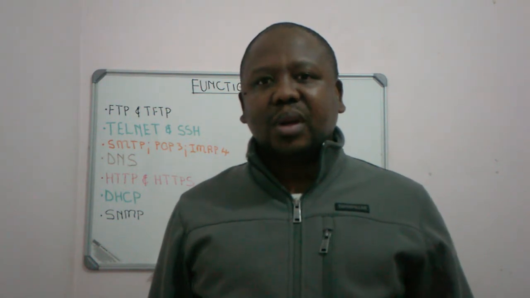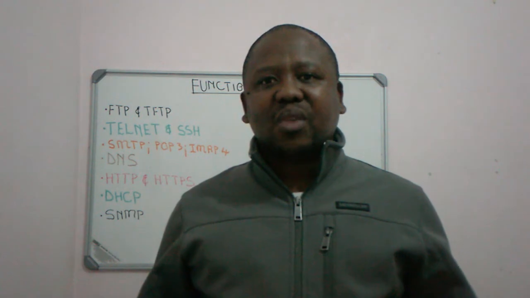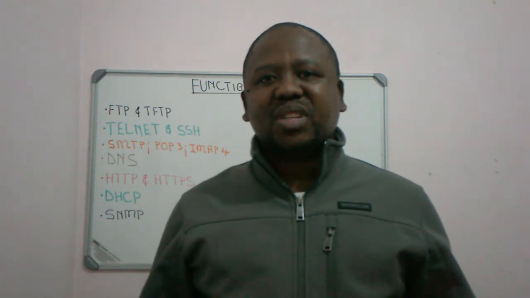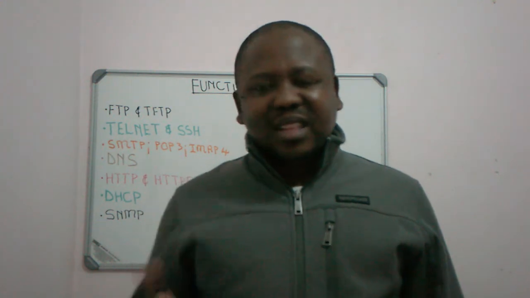SNMP gathers those stats, so that if you want to check later, for example to troubleshoot, or if there's some IP address that's busy maybe trying to hack your system, anything that's happening, SNMP will gather that data for you, and you can go through it and see what's going on on your network.